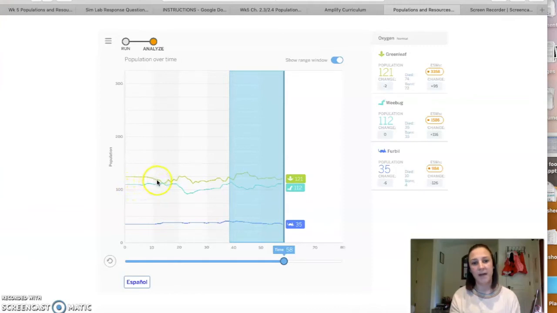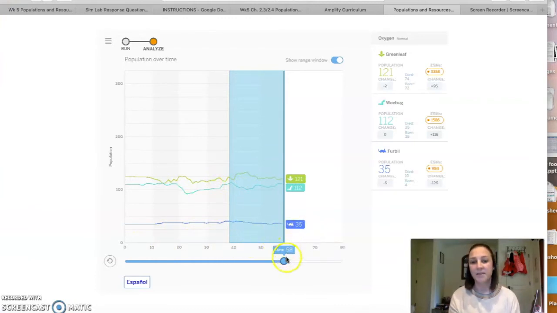The green leaves had a dip here, and then the wee bugs had a dip. And then it comes back up, and there's a dip here and a dip here. And then they go far apart, so we'd have to figure out what happened there, right? So you can follow the numbers in the population over time. The time is down here.